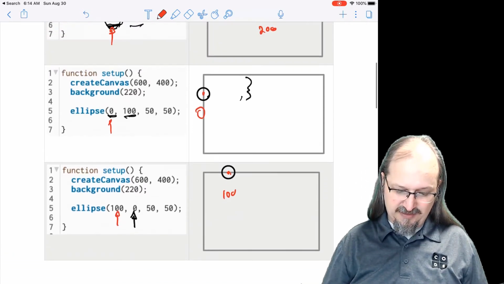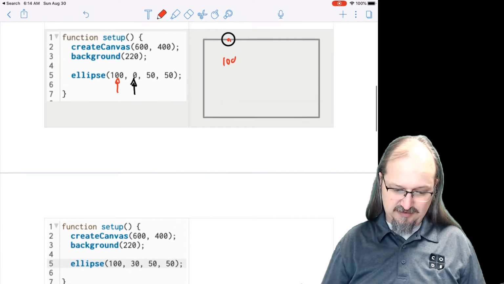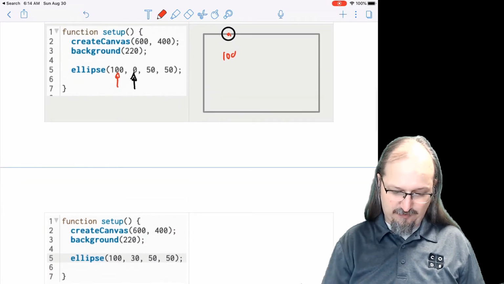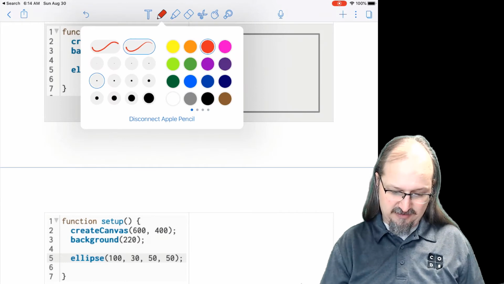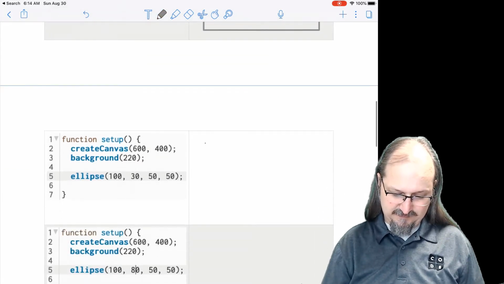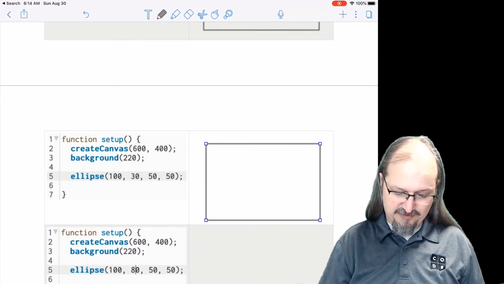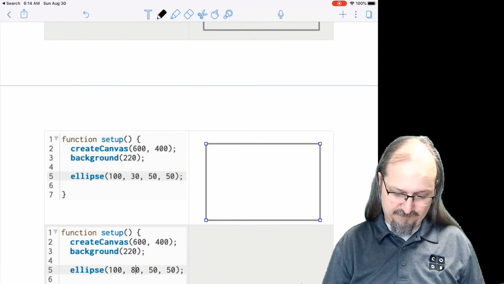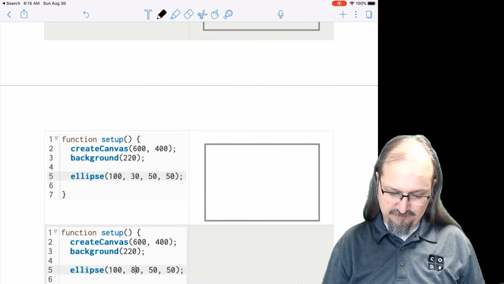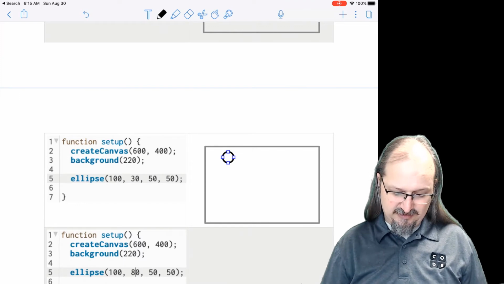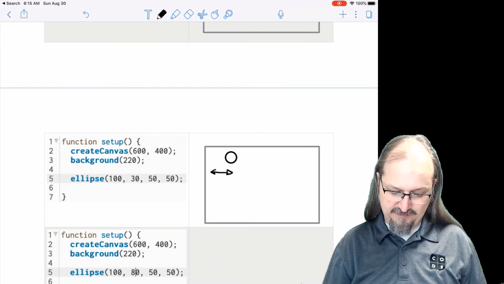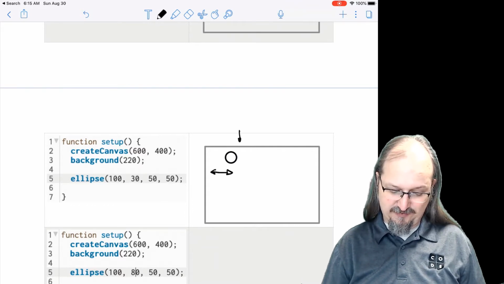All right. But now let's think about what we're doing with the up-down. So now we're going to keep it at 100 in the left-right position. But this one moved it down a bit. So again, it's still 100 from the left-right, but now it has been moved down a bit.